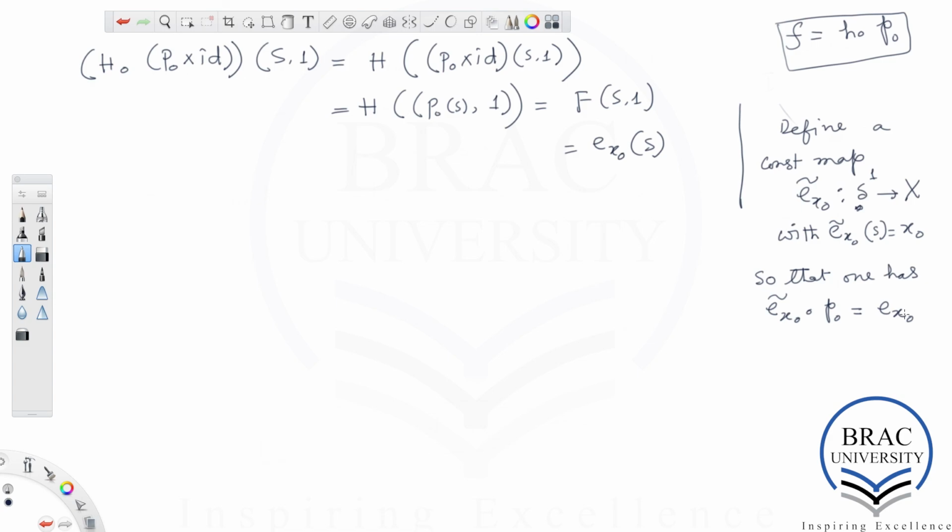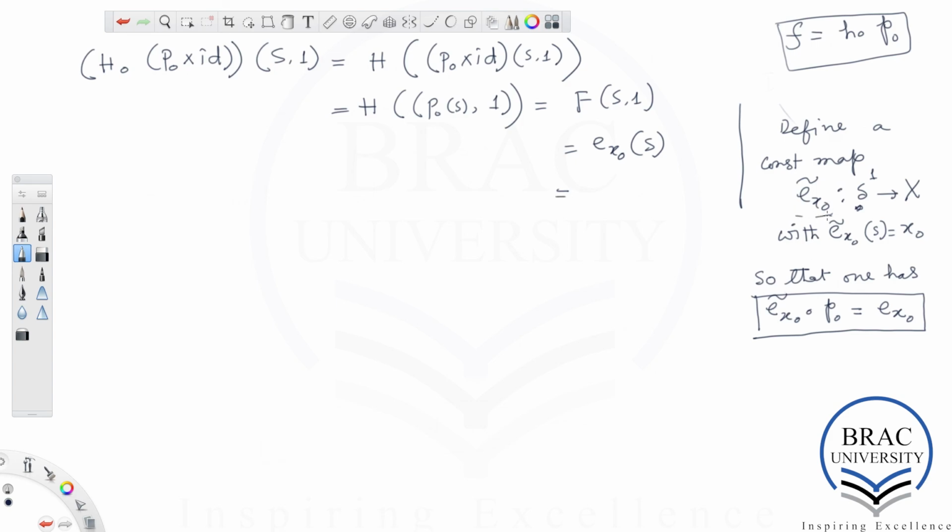This is how I'm going to define E tilde of x0. Well, P0 is a map from I to S1. So this is how we are going to define E tilde of x0.